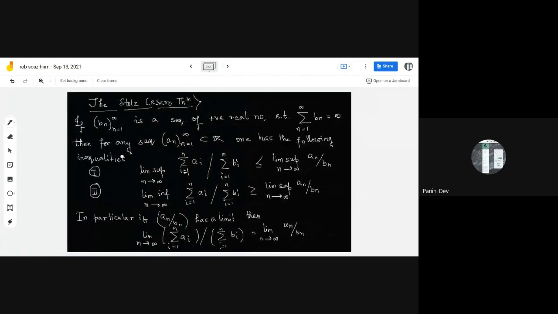As we know, this is the Stolz-Cesaro theorem; you are welcome to pause and give it a read.